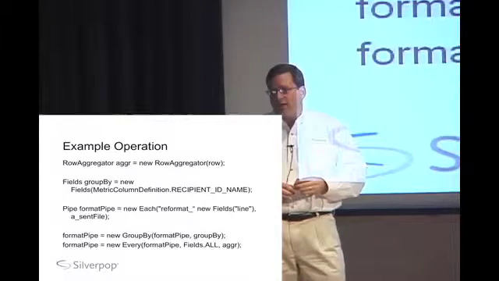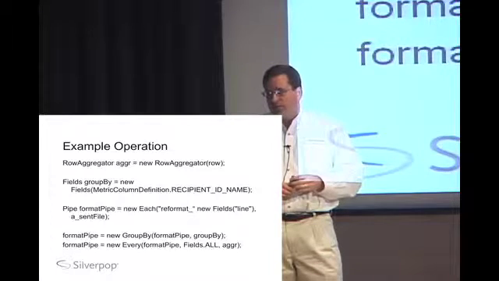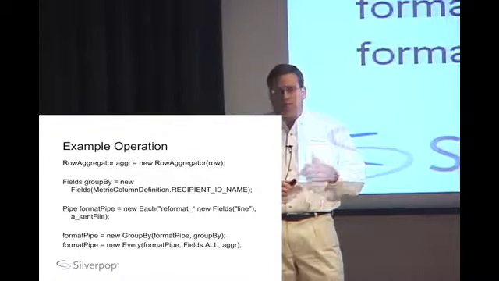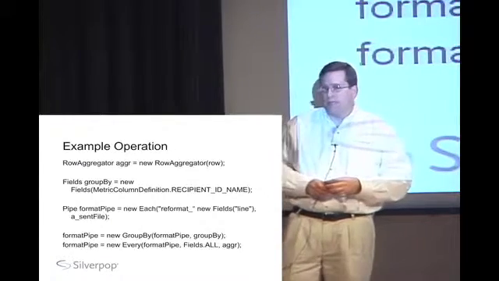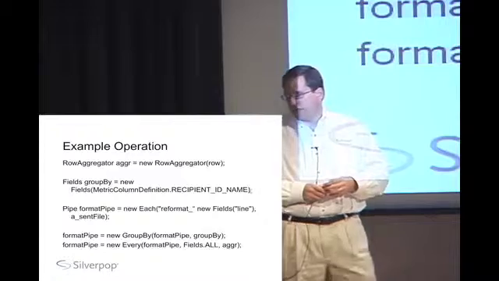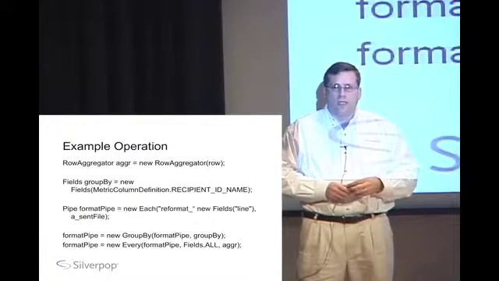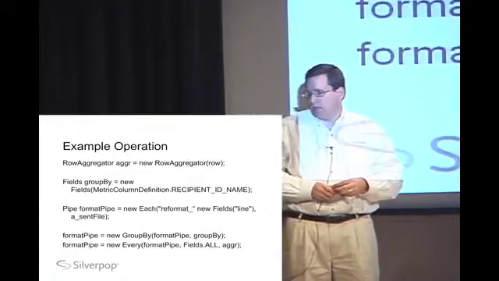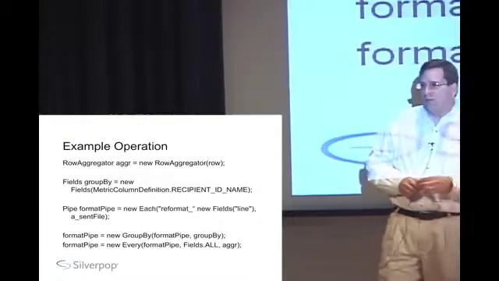So then I define an each with a name called reformat. So for each of the inputs, I'm going to call a function on it. Then I'm going to do a group by recipient ID name. And then for every group by value that came out, I'm going to call my aggregator. So at this point, I have no idea if there's one group that's going to match, if there's 1,000, if there's 1,000,000.